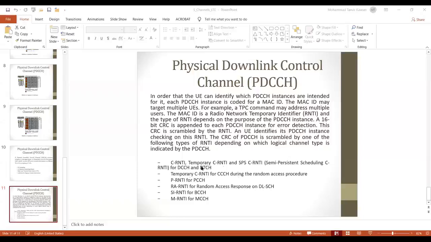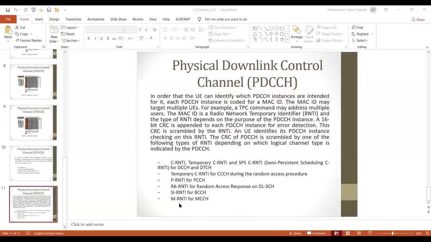The CRC of the PDCCH can be scrambled by different things: C-RNTI, P-RNTI, SI-RNTI. We are yet to discuss the temporary C-RNTI. We'll discuss it when we explain random access operation.